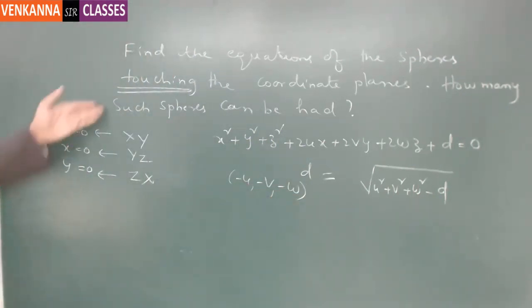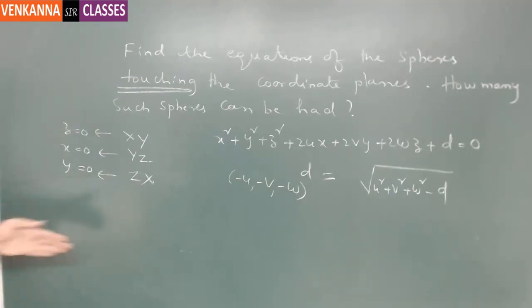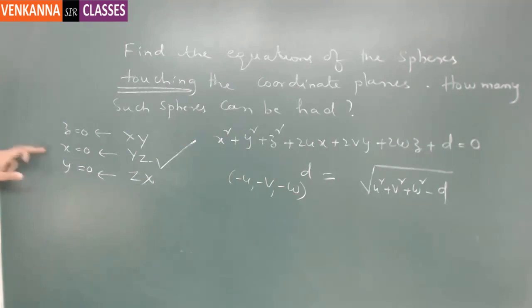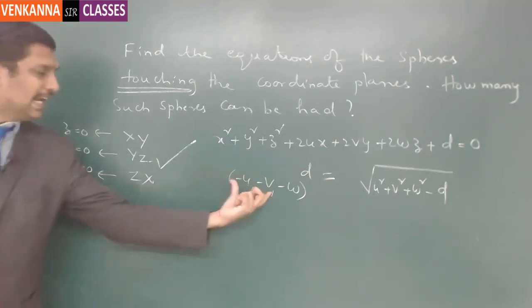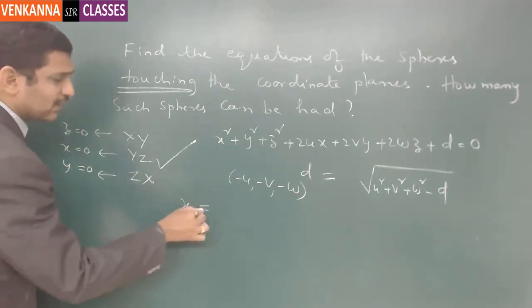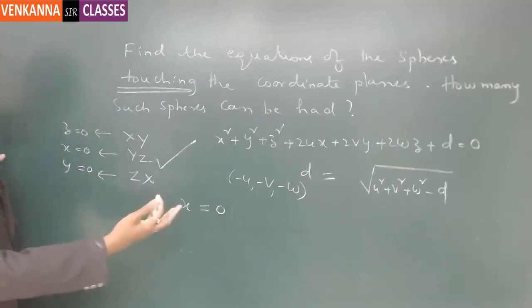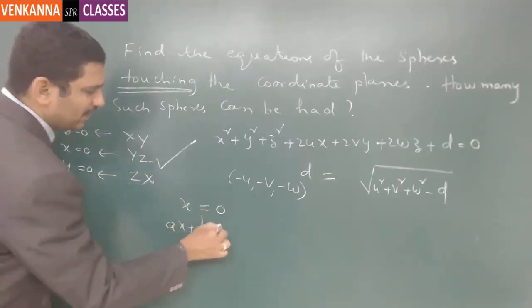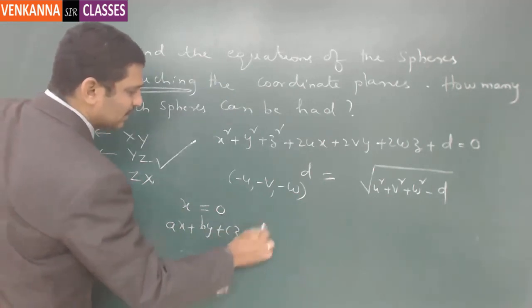You can consider any one plane. So let us say I have taken the yz plane, whose equation is nothing but x equal to 0. Let us apply the distance formula for the center and the plane. Here we need to understand that the plane x equal to 0 can be written in the form ax plus by plus cz plus d equal to 0.